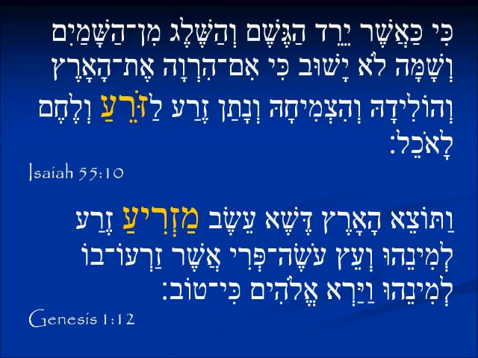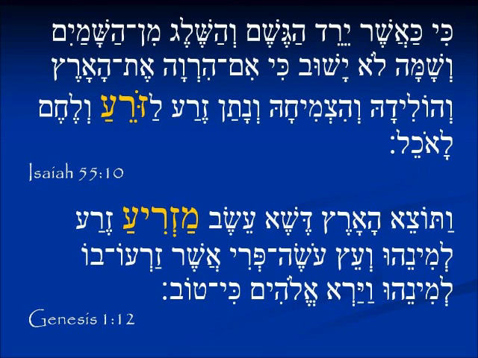This is a pa'al form. It is a present tense form, the one who is doing the action. And we can tell that because of the vowels which are on the root zera, zayin, resh, ayin.